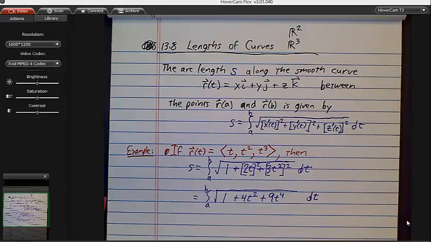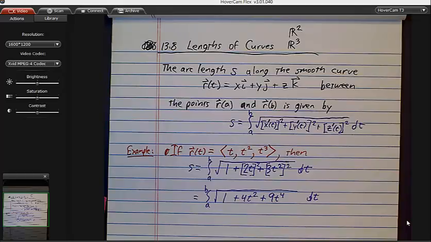Right? I think you did some integrals where you had square roots. But yeah, this looks a lot like the arc length formula that we got in Calc 2. It's the same. The only difference is we added a dimension, right? So it shouldn't surprise you. That was one reason I said I'm not going to derive it. You already did in Calc 2.